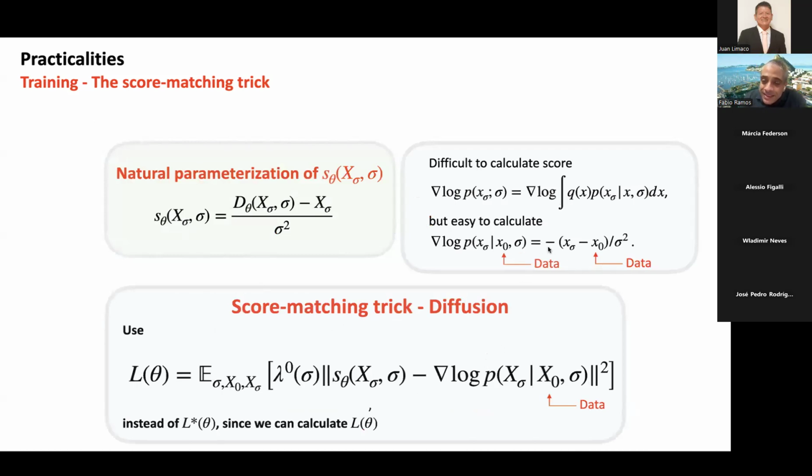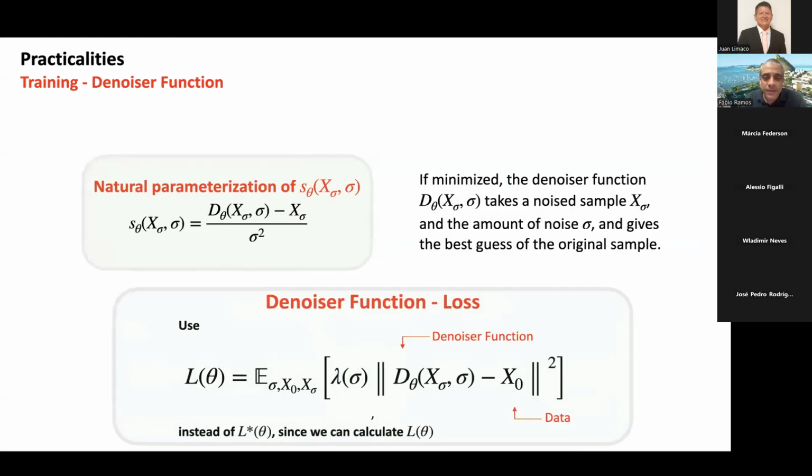So we will approximate this guy here, the conditional score. I want the minimum of this. A natural parameterization is to write S as (D minus X_sigma) over sigma squared. Why? Because when I write it like this, this X_sigma will cancel with this X_sigma, and at the end of the day you have to minimize this loss function, which is D of X_sigma minus X0.